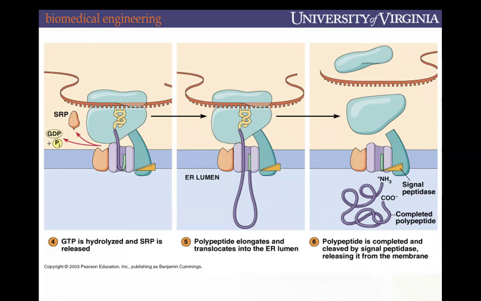So this is a pretty normal part of where translation can happen, where the ribosome is physically located. It's unique to co-translational import, yes. Does that help clarify? Great.